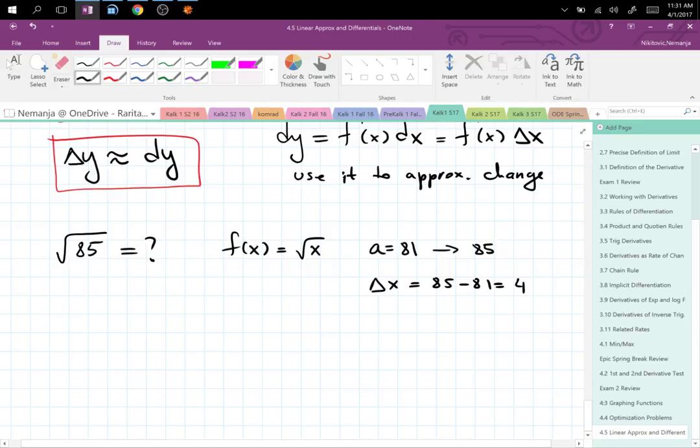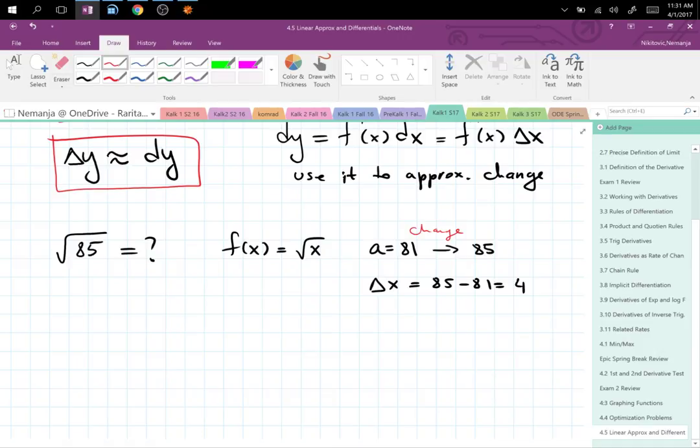Do we all see that? So this is where change happened. I pick a value that I can compute, and I say the change of that value into 85. Now I'll explain from the other perspective when we do word problems, which are relevant for engineering. But I just want to get over with the simple calculation.